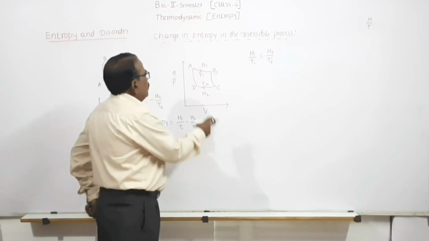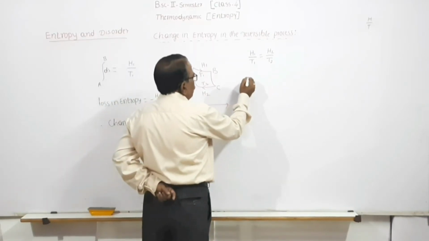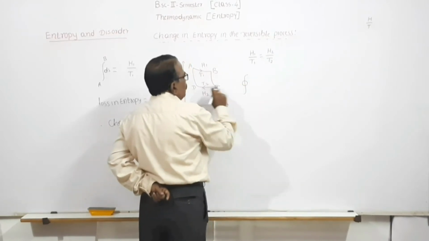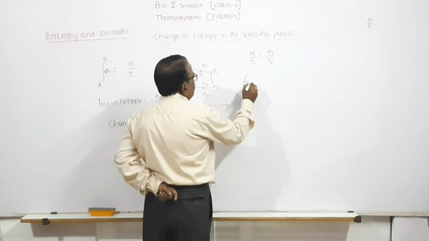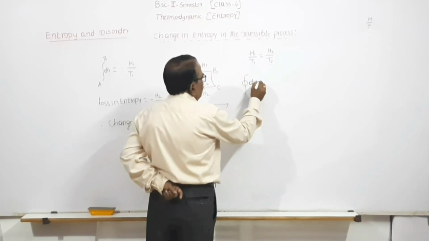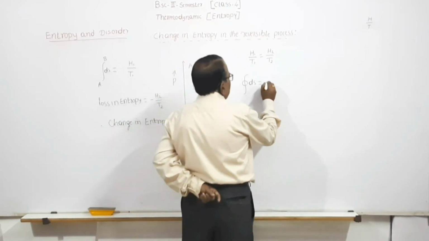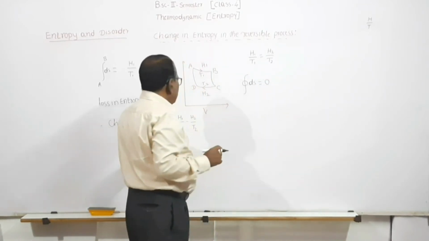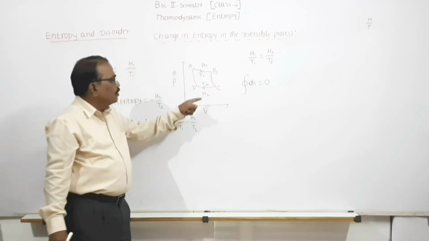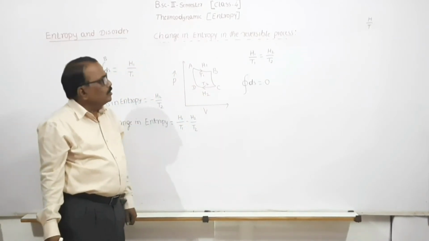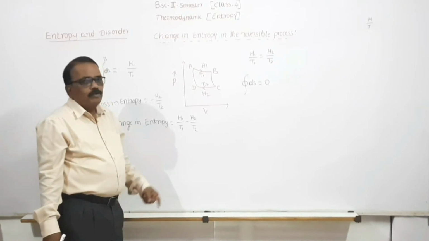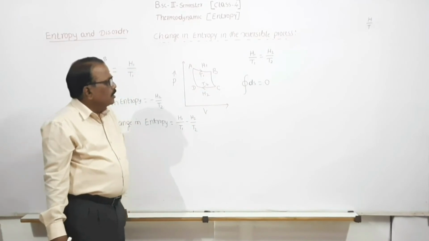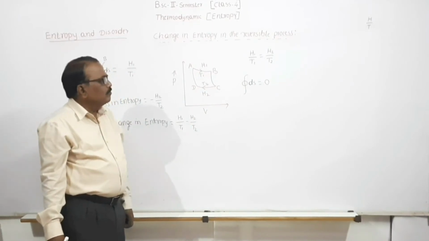Therefore, change in entropy over complete cycle, that means over a closed path, dS is equal to 0. Why is it 0? For a reversible cycle, H1 upon T1 is equal to H2 upon T2. Therefore, the change in entropy over complete cycle is 0.